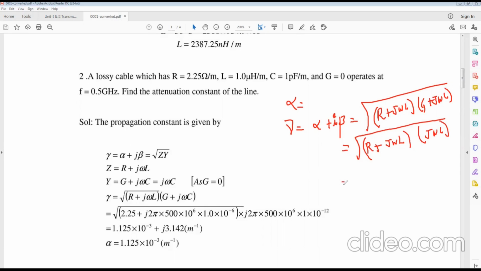That is equal to under root of R, R is given 2.25, plus j into 2 pi F. F is given 0.5 giga, 10 power 9.